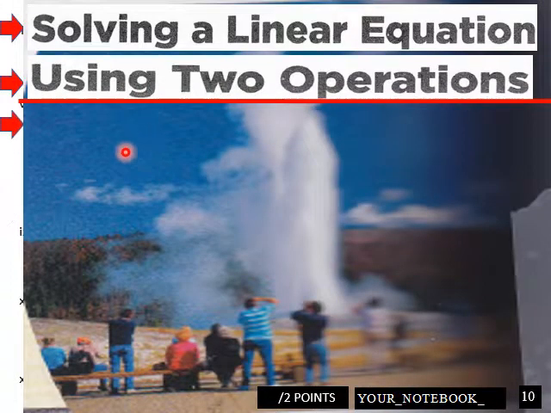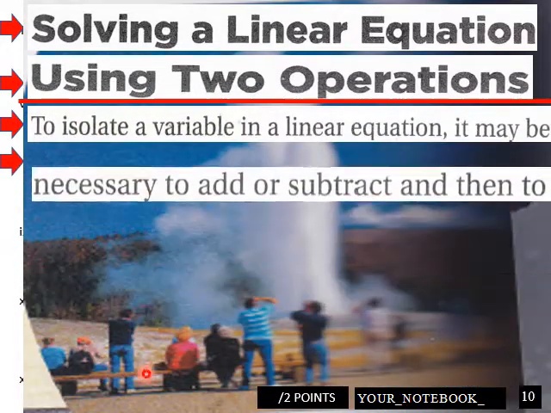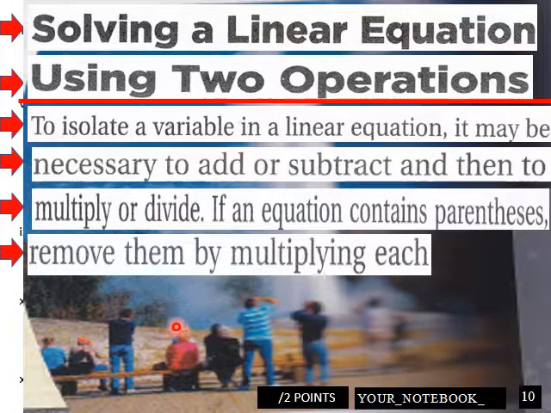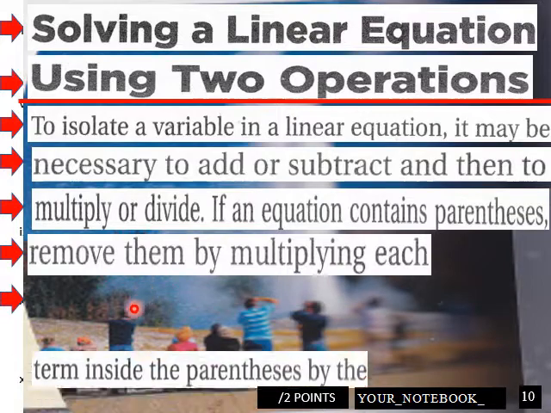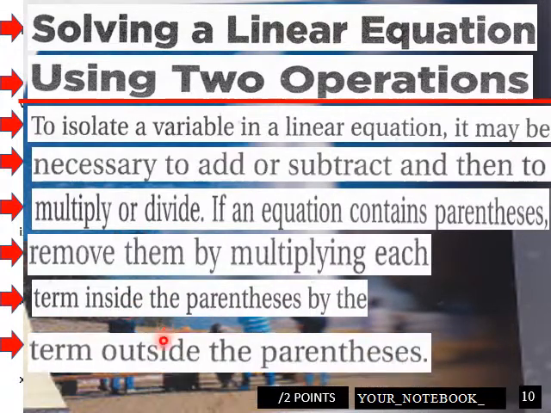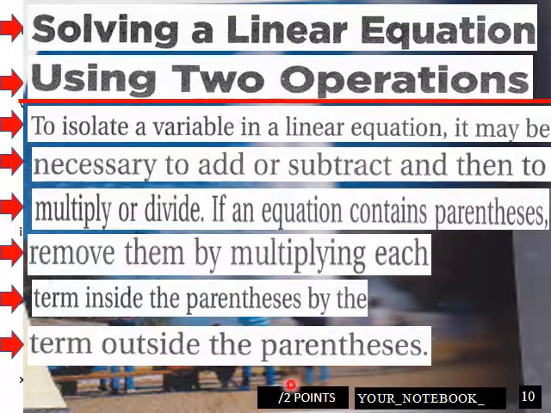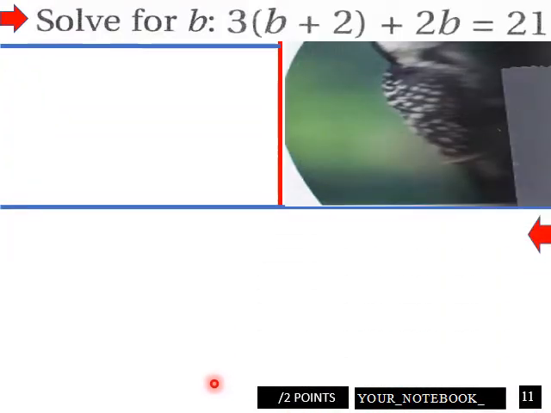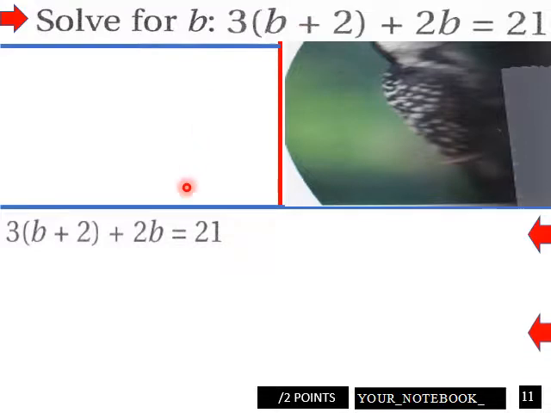Solving a linear equation using two operations. To isolate a variable in a linear equation, it may be necessary to add or subtract, to multiply or divide. If an equation contains parentheses, remove them by multiplying each term inside the parentheses by the term outside the parentheses. So solve for b with this statement.